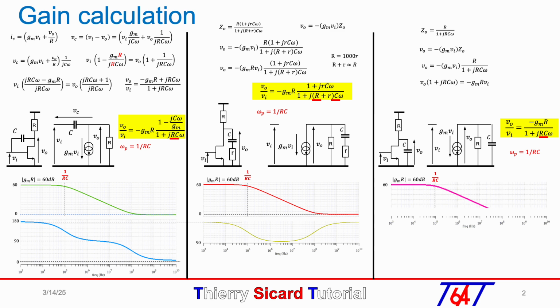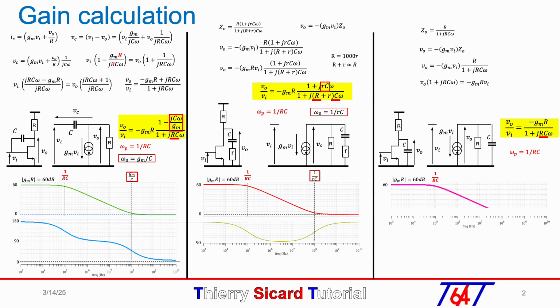In the first case, the phase continues to reach 0 degrees at the angular frequency omega 0 equal to Gm over C. For the same angular frequency omega 0, the phase in the second case returns to 180 degrees.